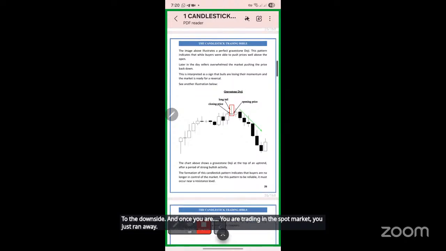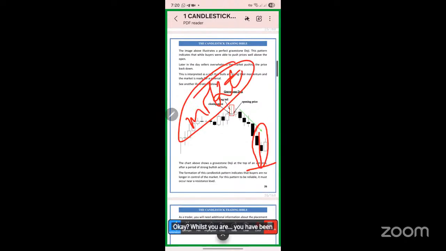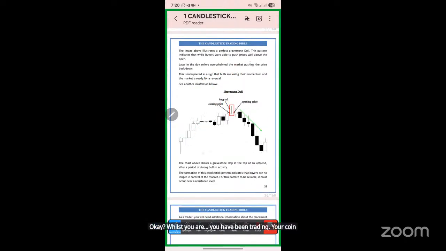Okay. Say you have been trading and your coin is at 3%. The market is going upwards, upwards, upwards. The candles are green, green, green, green. It prints a gravestone doji here.